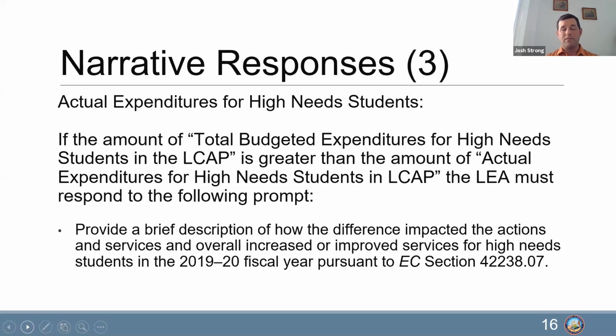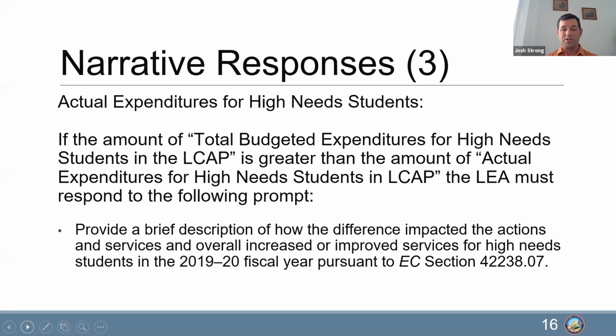So the third narrative response, again, this is conditional, is the actual expenditures for high needs students. If the amount of the total budgeted expenditures for high needs students in the LCAP, remember this is that third piece where we're looking back at the prior year, is greater than the amount of the actual expenditures for high needs students in the LCAP, then the LEA is asked to respond to the following prompt.